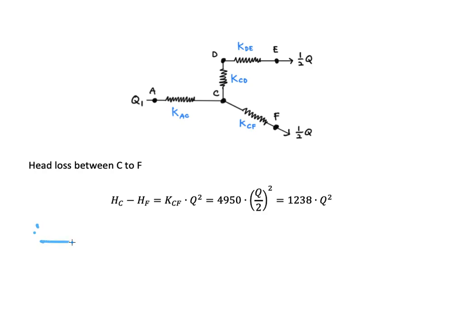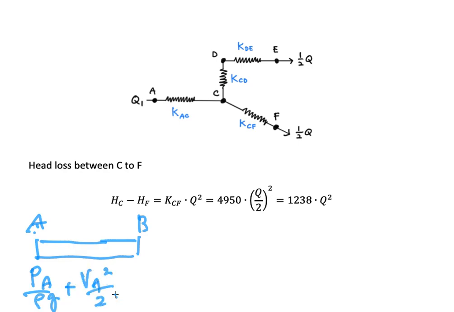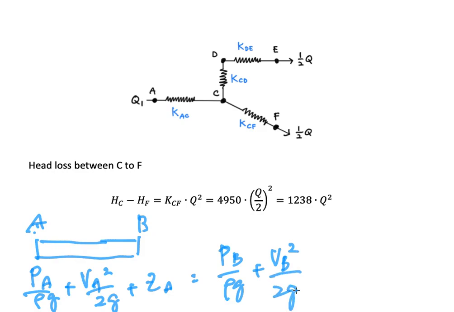we have the pipe here, A and B. Because the velocity is the same, we have PA over rho G plus VA square over 2G plus ZA is equal to PB over rho G plus VB square over 2G plus ZB plus losses.